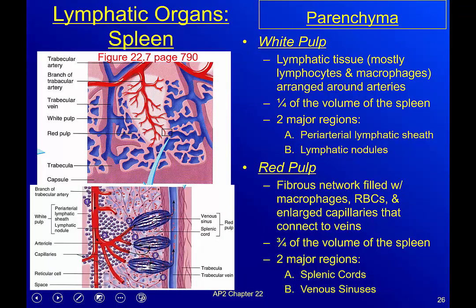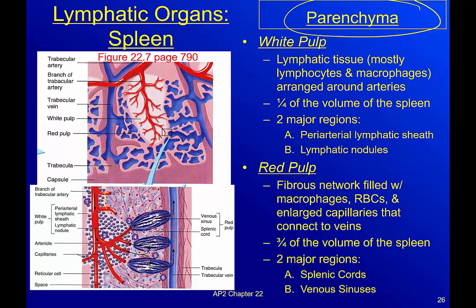So I am going to talk about the 2 parts of the functional portion, okay? The white pulp, which you can see here, right around this capillary, and the red pulp, which is this stuff out here, okay? You can actually see in the picture they are 2 different colors.